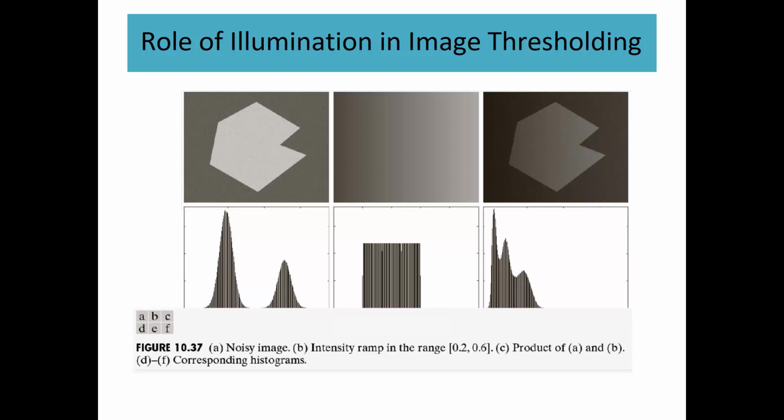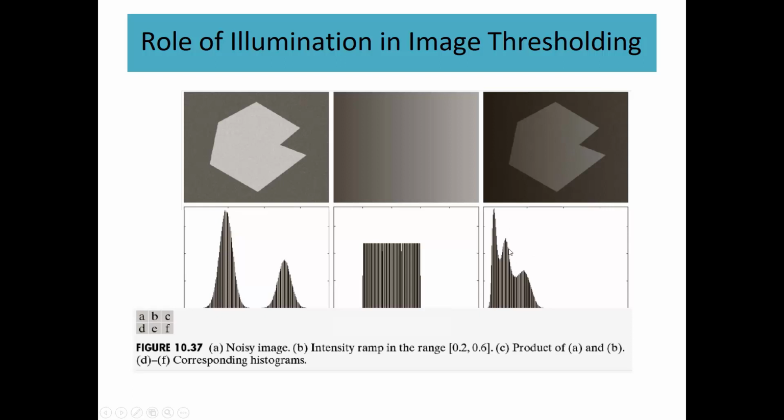Now if we consider a non-uniform intensity such as an intensity ramp, as shown in the figure, whose histogram is shown in figure E, we multiply figure A by figure B. Finally we get figure C, which is the multiplication of figure A and figure B, and the corresponding histogram is shown in figure F. Now you can see there is no clear valley.